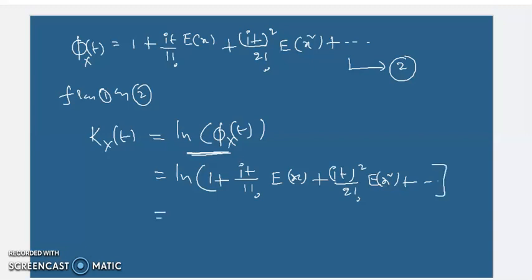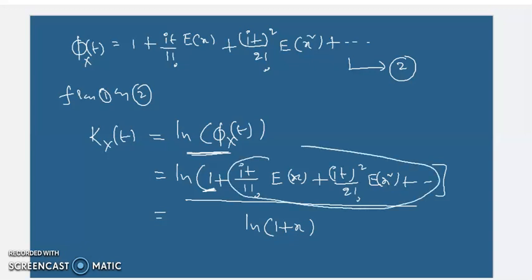Now we can compare this total value with the formula for the logarithm of 1 plus x. Here 1 is there, and the remaining part of this expansion can be treated as x. So what is the logarithm of 1 plus x? The formula is x minus x square by 2 plus x cube by 3 minus x power 4 by 4 plus and so on.